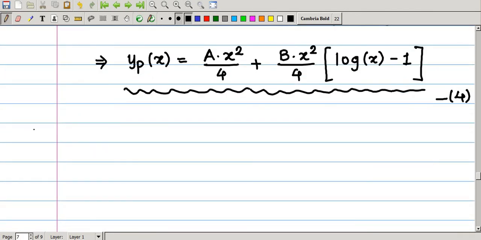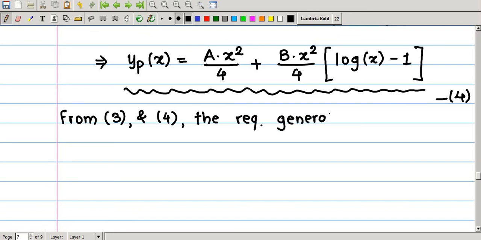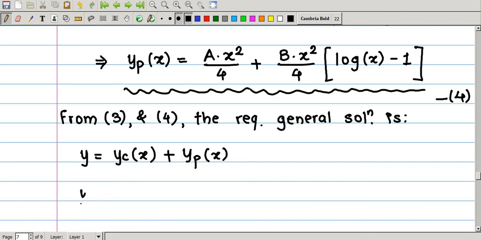Therefore from equations 3 and 4, the required general solution is y equal to complementary function in terms of x plus particular integral in terms of x.